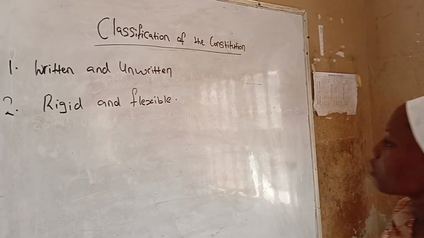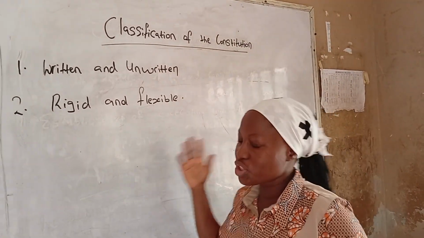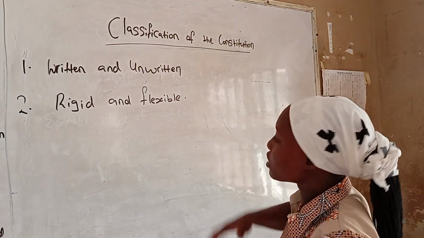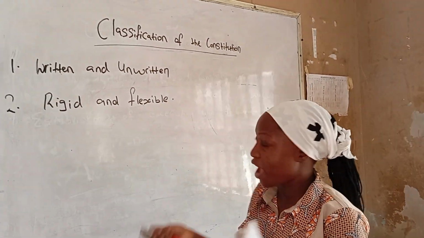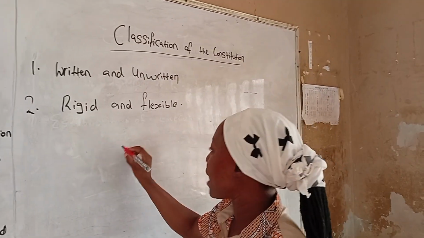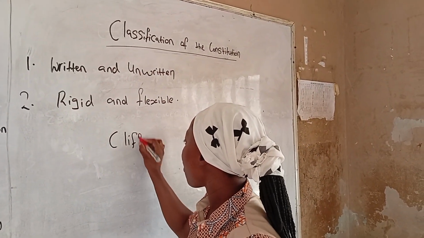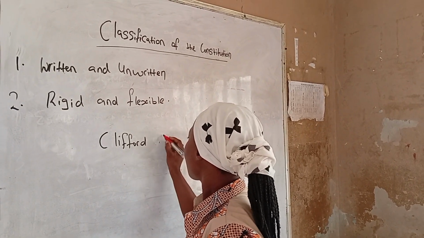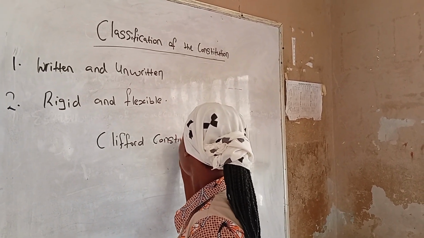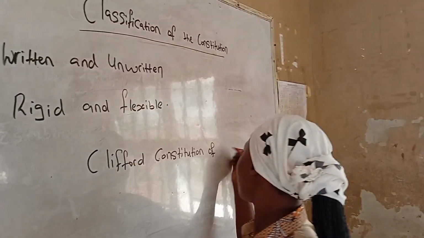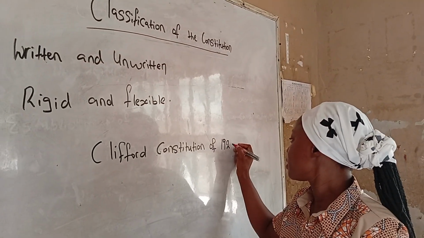So now we are going to be looking at one of the constitutions that Nigeria has made use of in the past. We have the Clifford Constitution, the Macpherson, and the Richard. But today we are going to be looking at the Clifford Constitution of 1922.